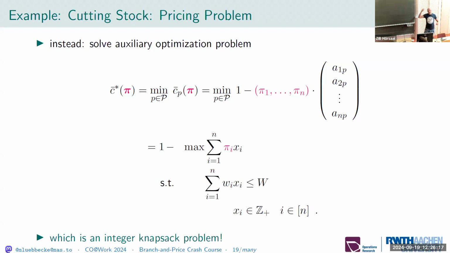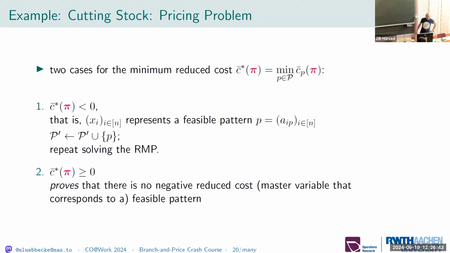Remember, that was one of the things we had observed: the cutting stock contains as a sub-problem the knapsack problem. We know how to solve that. It would be so nice if we could exploit that knowledge. Here we can exploit it, because now you can even solve that by dynamic programming. It's formulated as a MIP, but you can use a specialized solver for that. Cool. Questions? Two cases. As we said, it could be negative, then we have a pattern that we add. Otherwise, we have the proof of optimality.